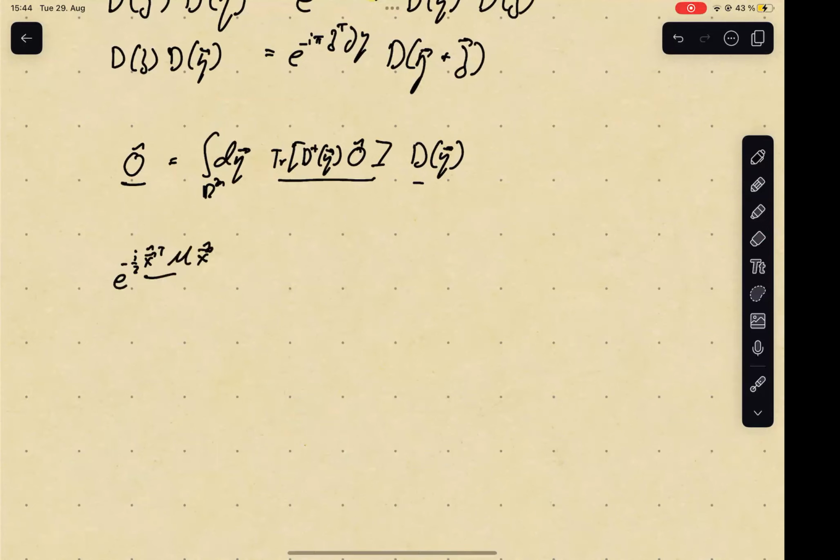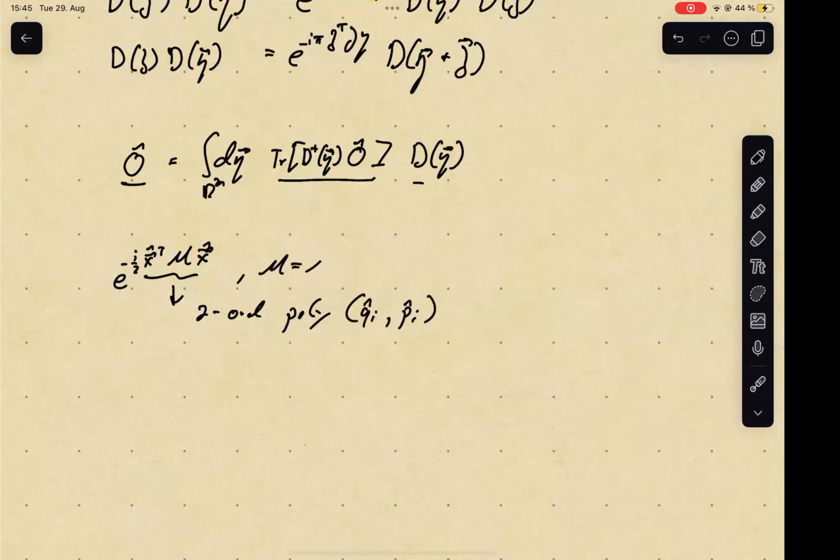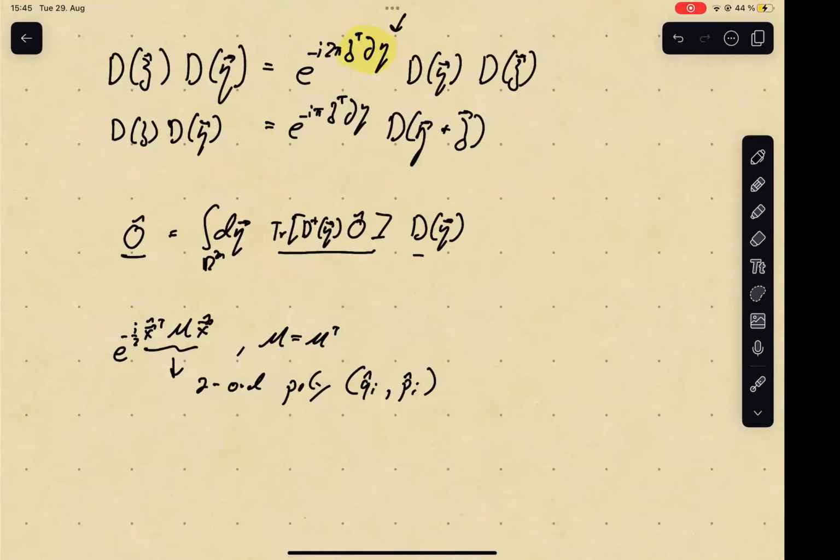So this is all kinds of second order polynomials in the quadratures. I'm going to assume that M is symmetric. So this is now the unitary evolution generated by a Hamiltonian with a second order polynomial in the quadratures. Right. Okay. Why do I care?